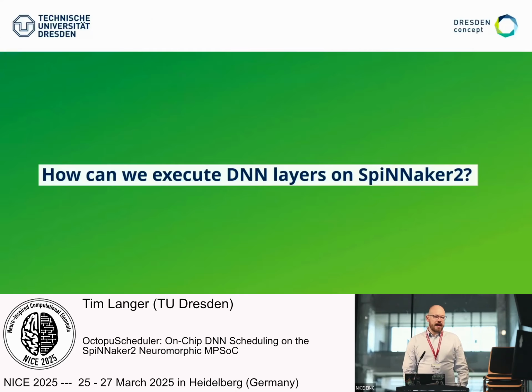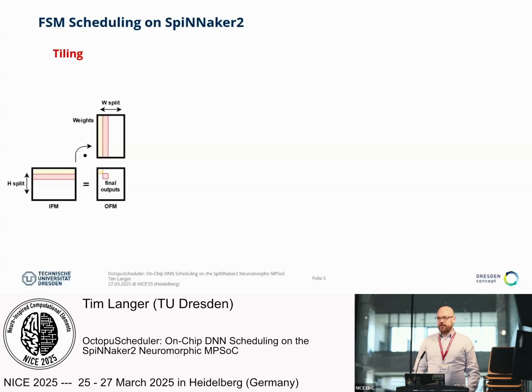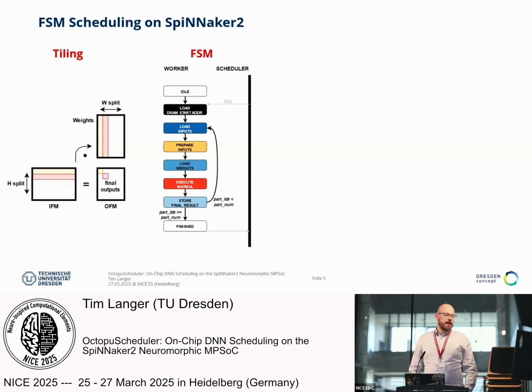And now the question is, how can we execute deep neural network layers on this neuromorphic chip? And one thing you have to do first is think about the tiling. So how do we actually distribute the layer computations? If we have multiple cores, what data goes to which core, and what core computes which part of the output result? So for example, for this matrix multiplication here, you would basically partition the inputs and the weights, and then you would arrive at different output tiles here.